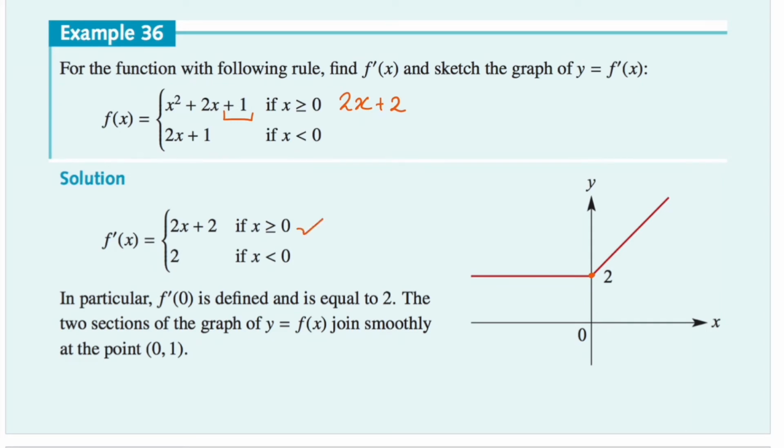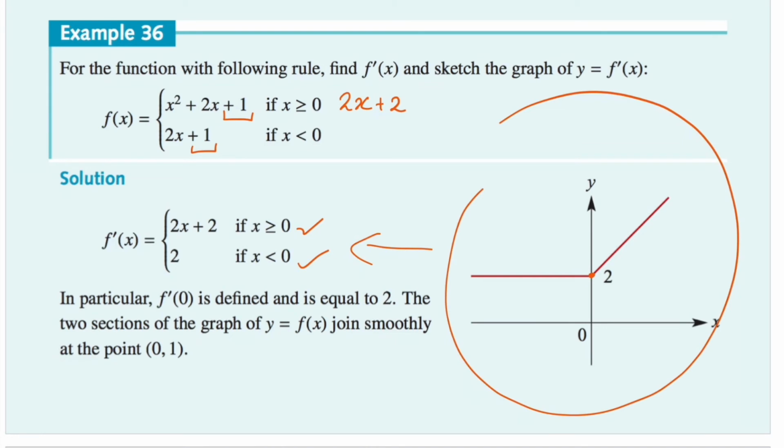For the second function, by differentiating, the constant term 1 disappears and we're left with 2 only. So that's how we obtain the second derivative function. Second step is to sketch the derivative function according to the domain. It's clear that when x equals 0, the derivative function evaluates to 2.